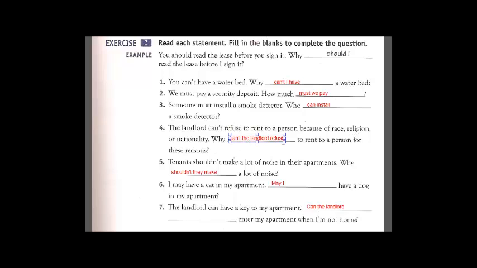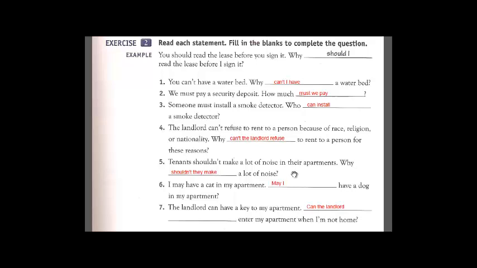Why can't the landlord refuse to rent to a person for these reasons?